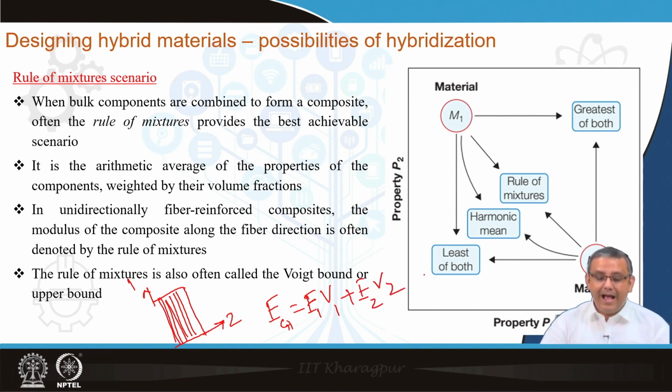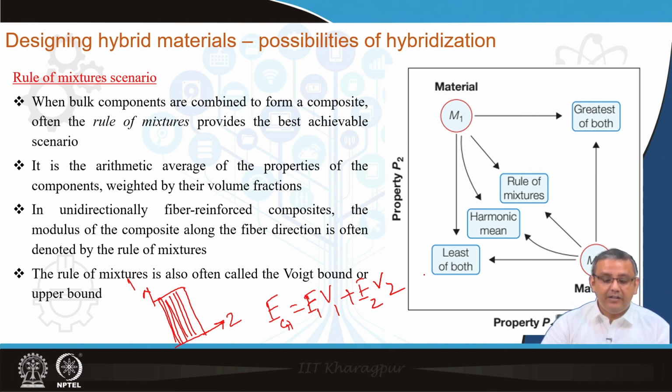That means you have the volume fractions of the individual components and the Young's modulus of the individual components, and the simple rule of mixture, the arithmetic mean, will give you the modulus of the fiber reinforced composite along the fiber direction. This is a very important equation.